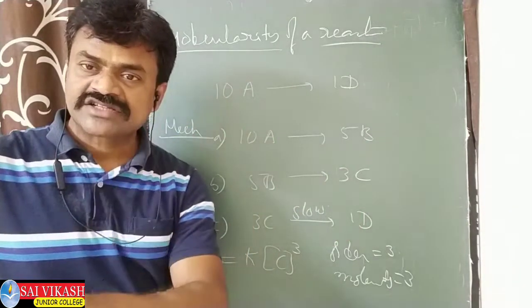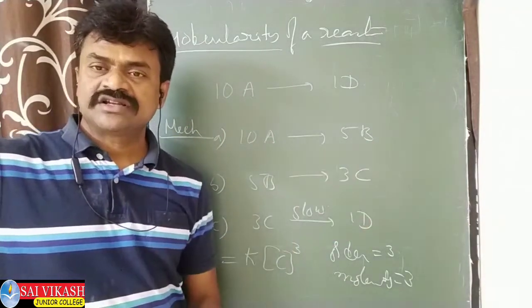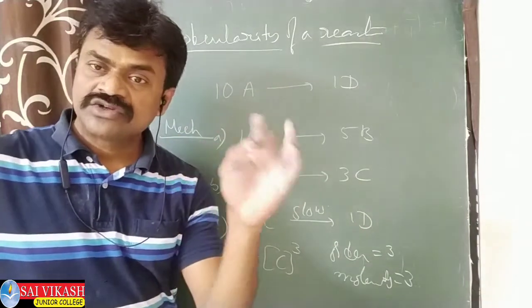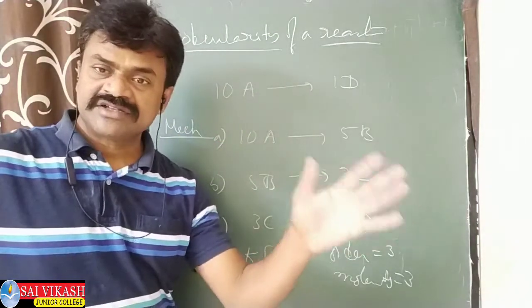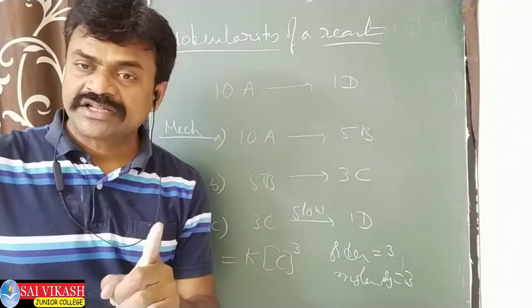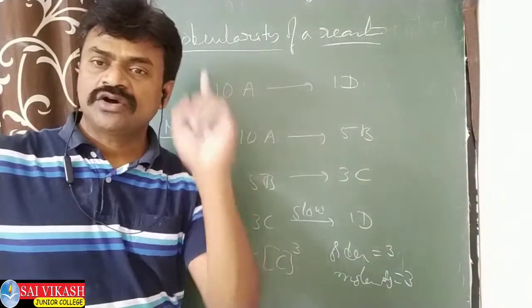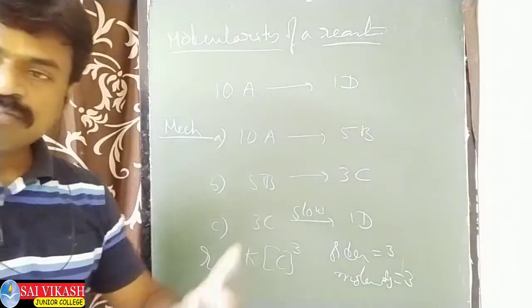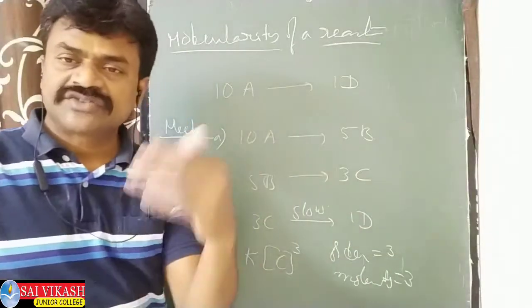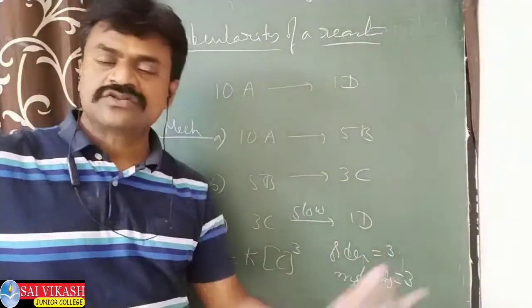Order can be fractional, but molecularity cannot be fractional. Order can be 0, fractional or anything, but molecularity can be 1, 2 or 3 only. More than 3 is also not possible.